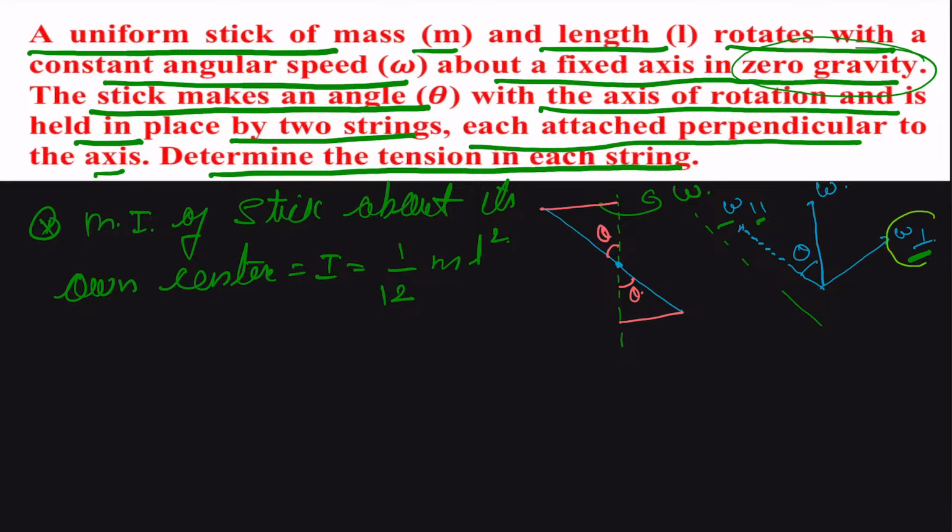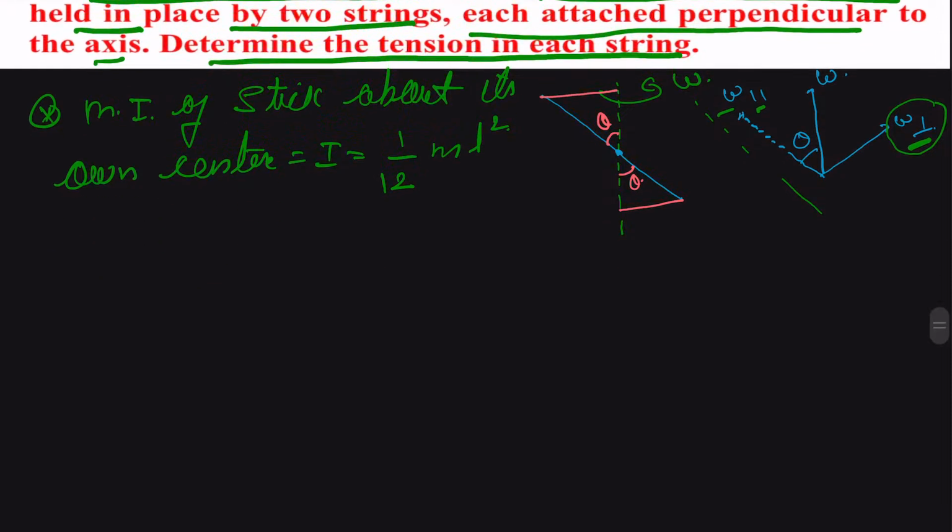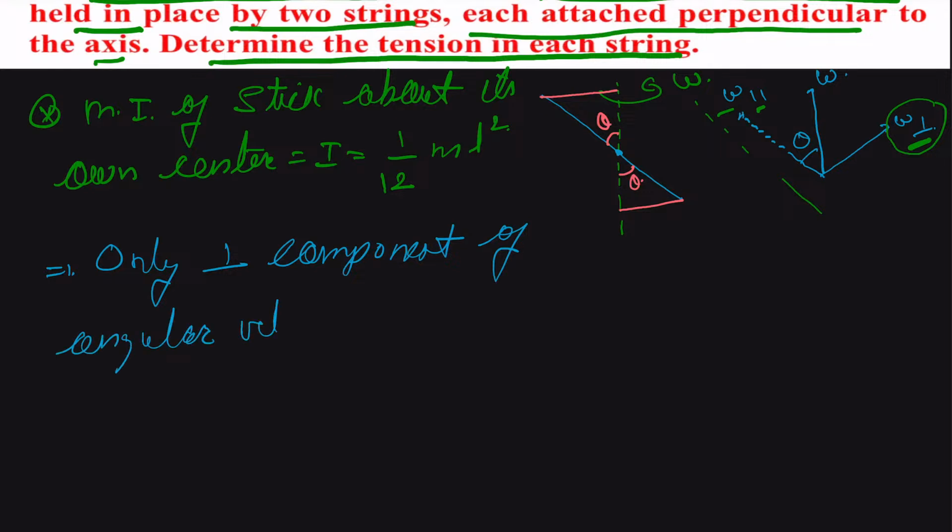So only the perpendicular component of angular velocity, which is omega perpendicular, and we can write this as omega sine of theta, contributes to this rotation.